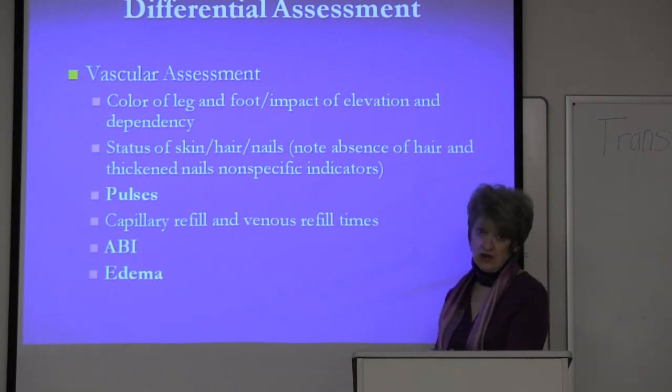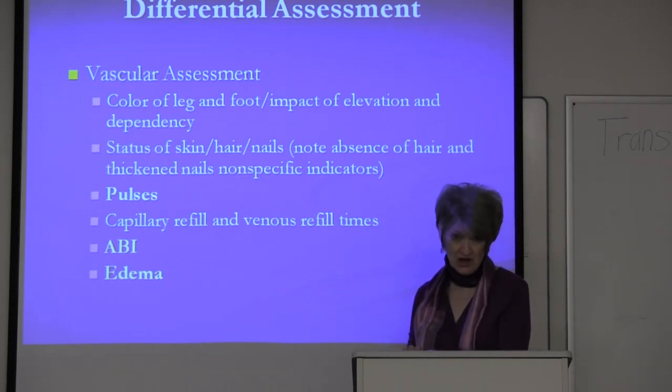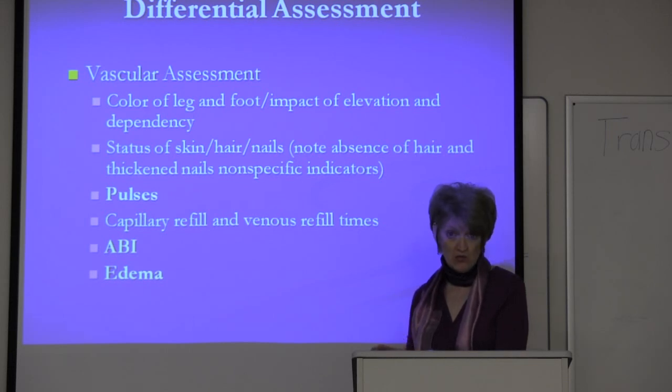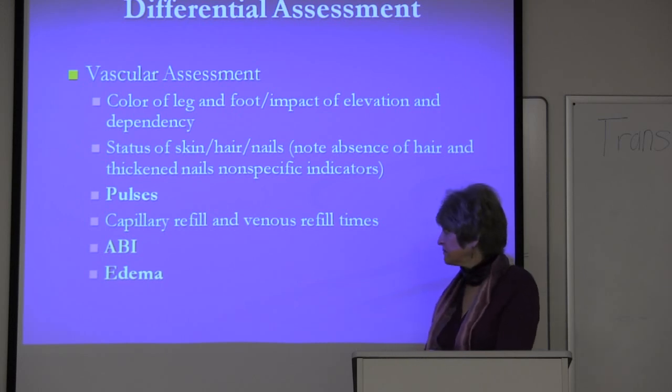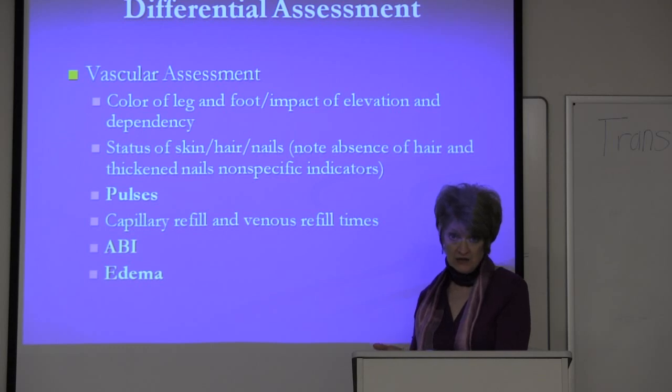You're always going to check pulses. That's why that is in bold. You have to check pulses on all of your patients. And you're looking to see, are pulses normal? Are they diminished? Are they non-palpable? Cap refill, venous refill, helpful. Not as critical as some of the other data. ABI critical.